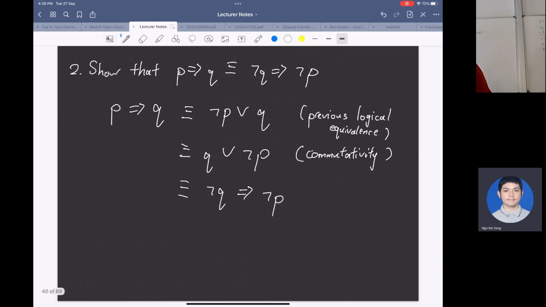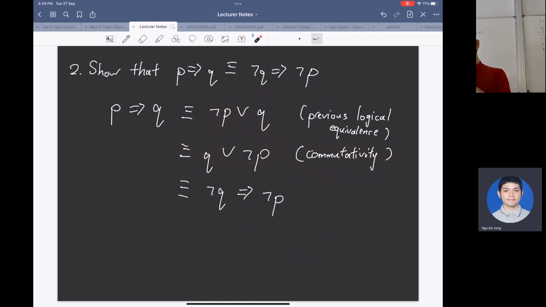Next. So for this question, first you can show it using the truth table. That's fine. Also, if you already know the other logical equivalences, then you can use the algebra method. First, I already proved that these two are equivalent, so I can do this. Second, I know that or is commutative, so I can swap.